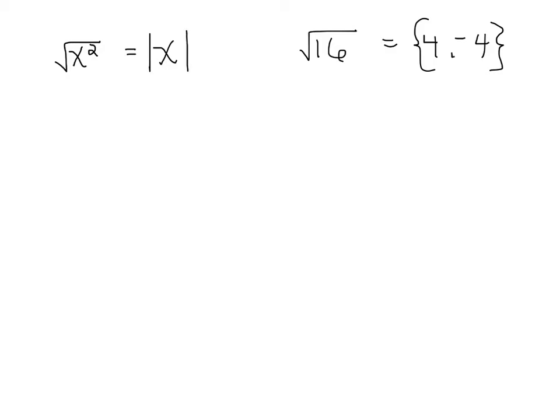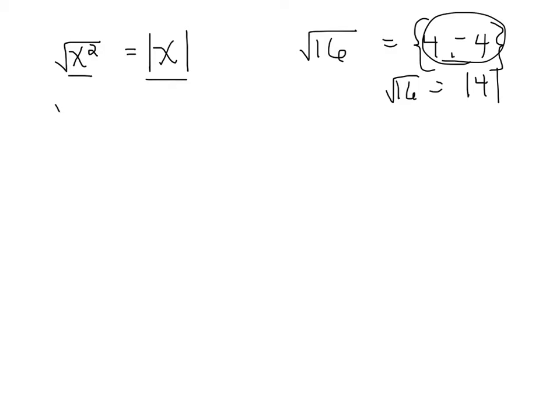And therefore, I'm going to call this the absolute value of x. Because if I said the square root of 16 is the absolute value of 4, that would take the positive and negative 4 into account. I can't just stick a plus or minus sign in the middle of these because they're going to be longer variable expressions. So let's just say that we've established that the square root of x squared is the absolute value of x.